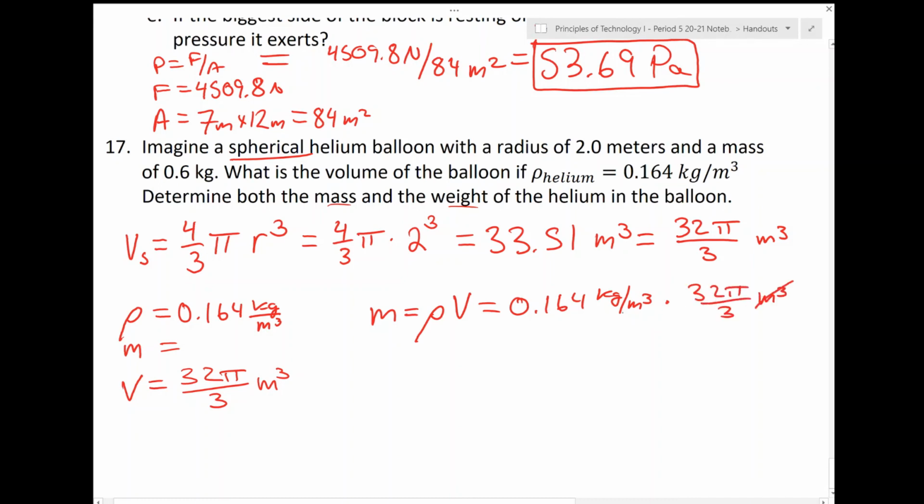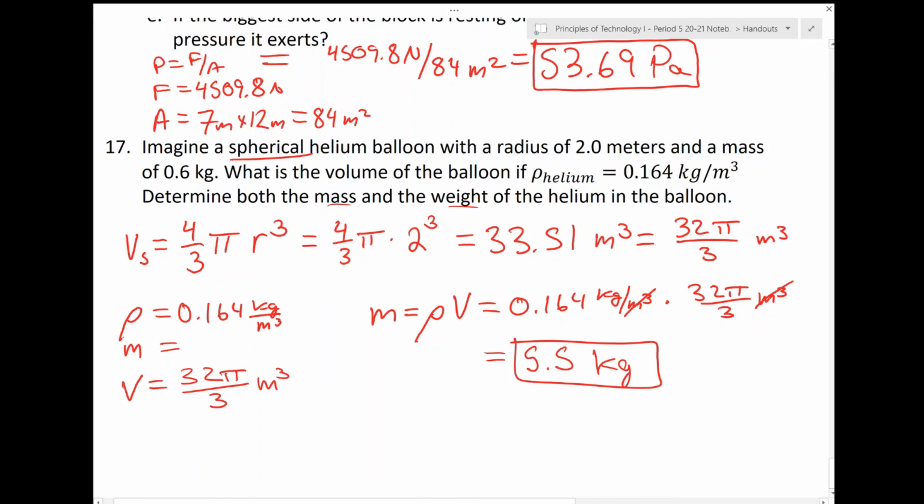The cubic meters cancel out, so we know our answer is going to be in kilograms. If we multiply 0.164 times our volume, we will get 5.5 kilograms for our mass.